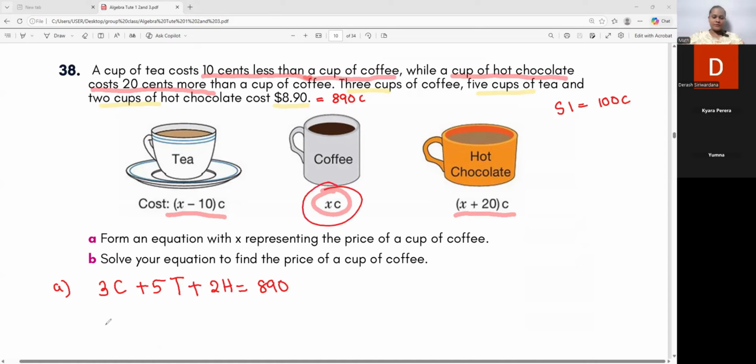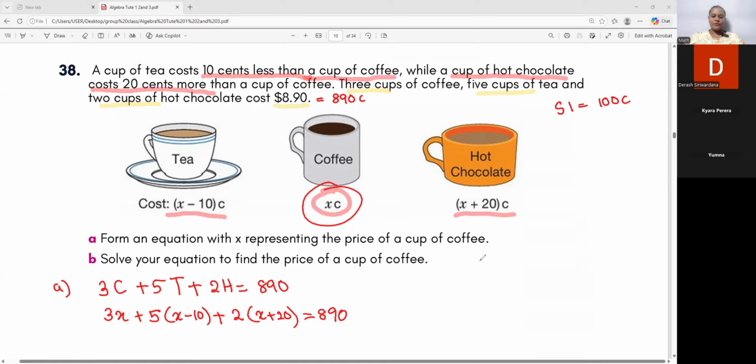Coffee is X. So this is 3X plus 5 times cost of a coffee, X minus 10, plus 2 hot chocolates. 2 times price of 1 hot chocolate is X plus 20 equal 890. This is our equation.